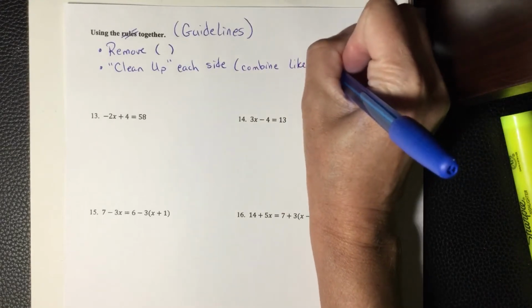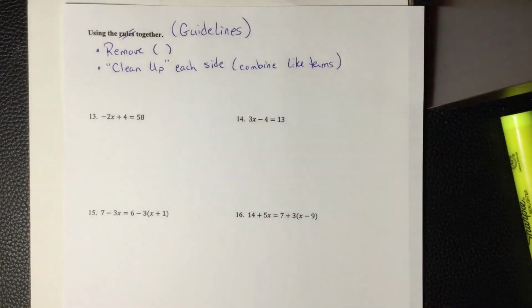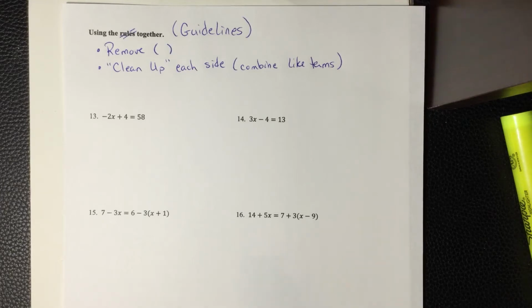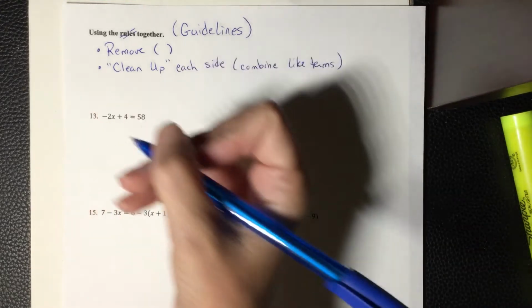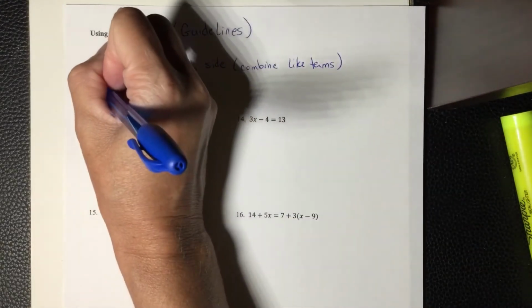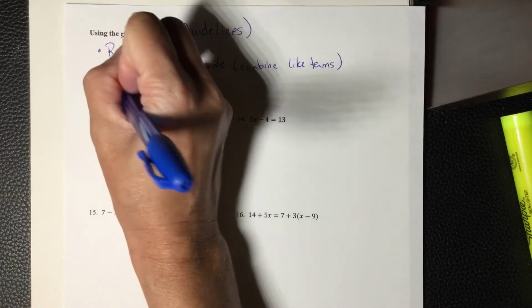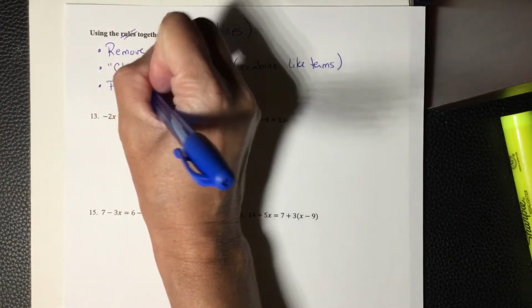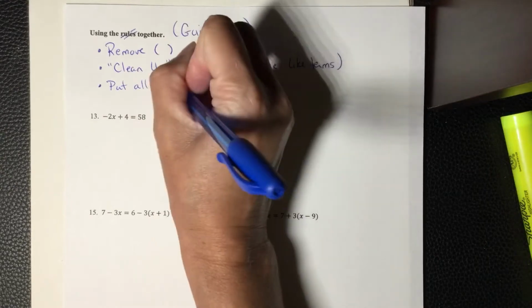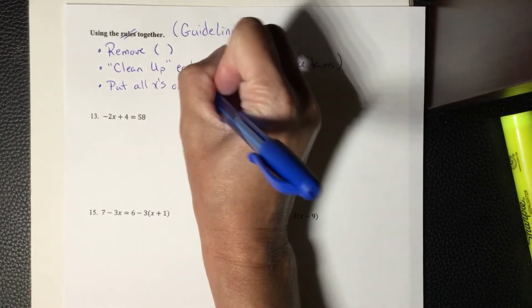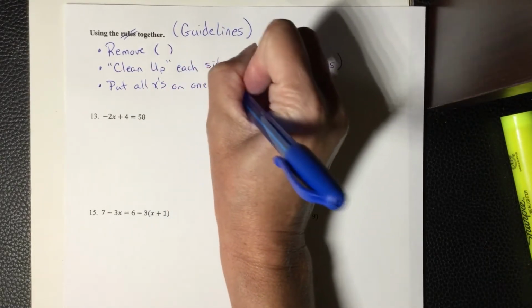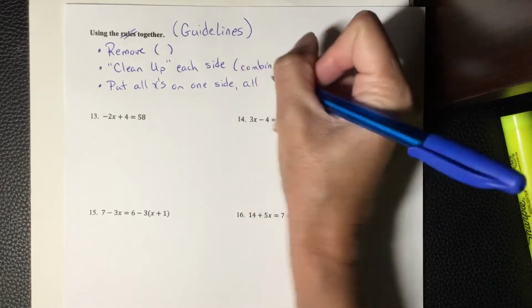So these first two steps are basically just rewriting generally one side of the equation. So kind of cleaning it up and getting something that's equivalent to make it a little bit easier to work with. And then our next step is probably one you're familiar with. I'm going to put all x's on one side and all constants on the other.